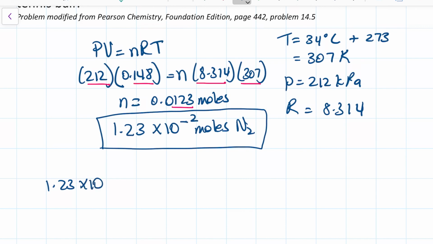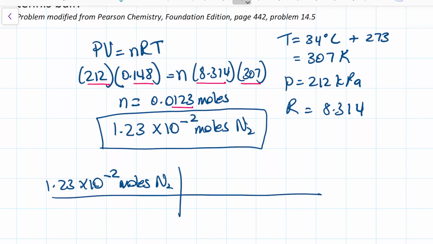When you remember from chapter 10 or from our mole chapter, when you go from moles to grams, you get the molar mass from the periodic table. Well, the molar mass for nitrogen is 14, so for N2 it's 14 times 2, which is 28 grams. And then all you do is multiply, because our dimensional analysis setup tells us that.